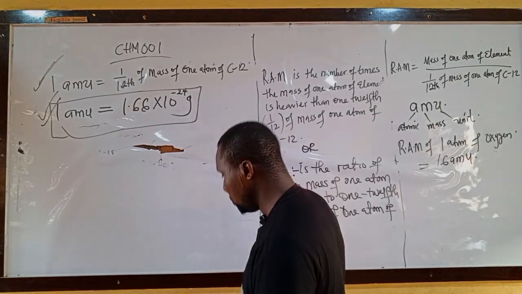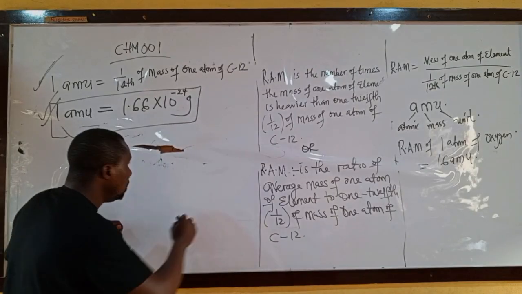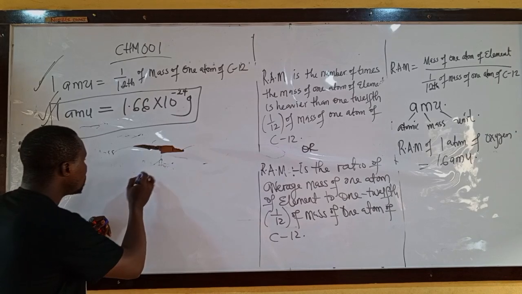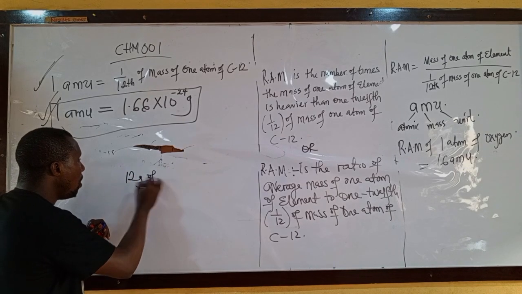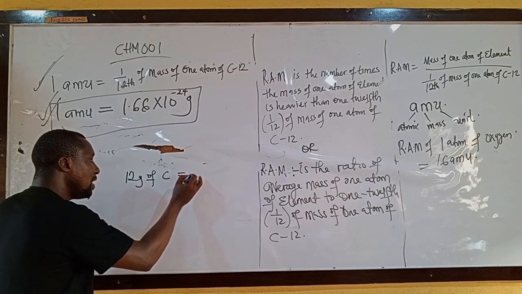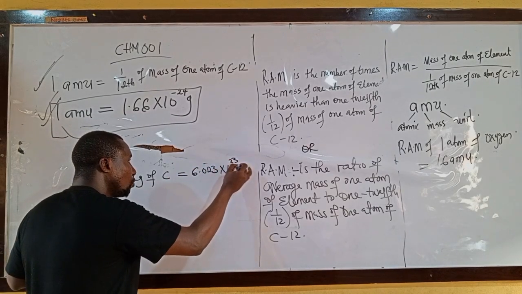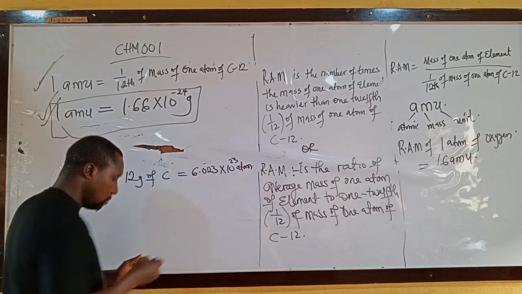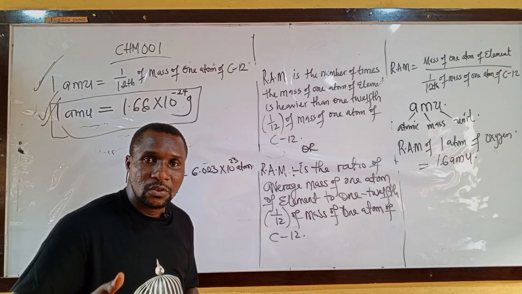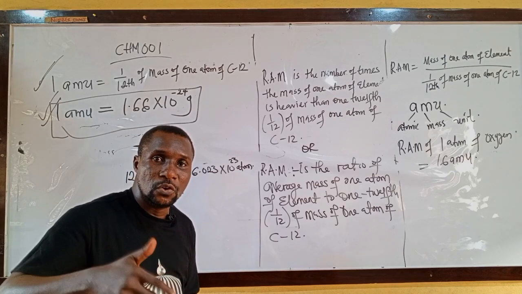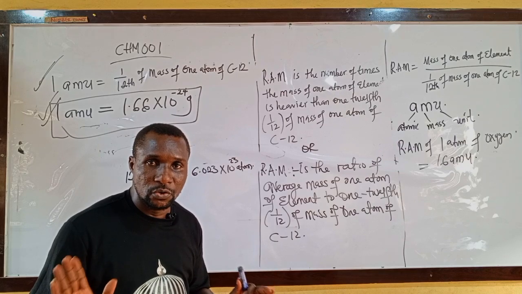How do we prove this? We all know this, that 12 grams of carbon contain 6.023 times 10 raised to power 23 atoms. 1 mole of any substance contains 6.023 times 10 raised to power 23 atoms. I believe we all know that.